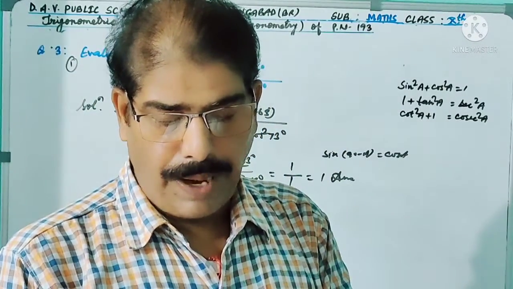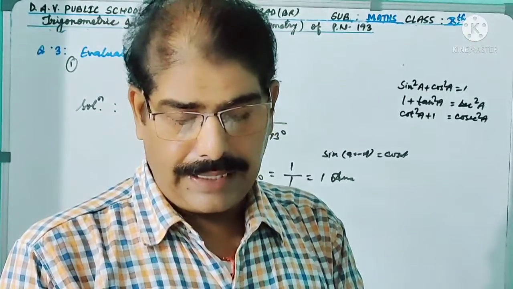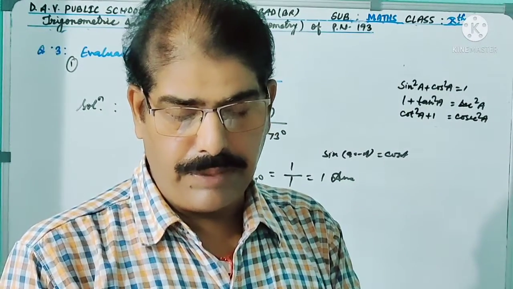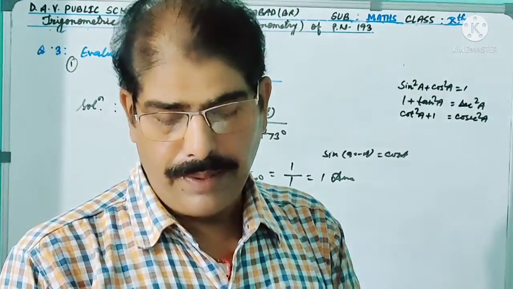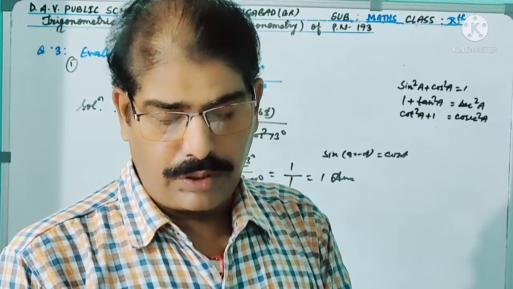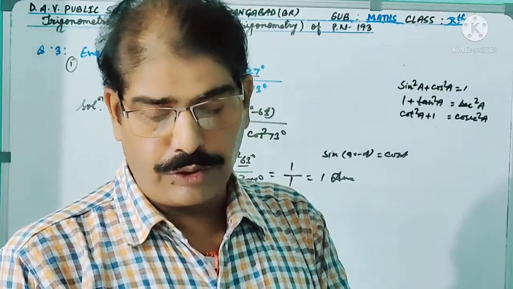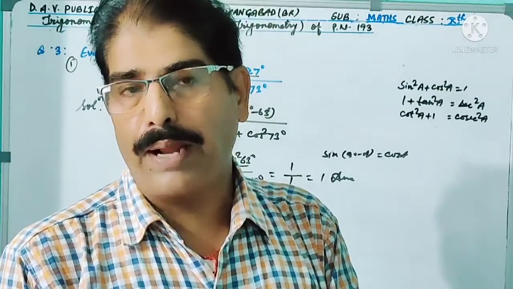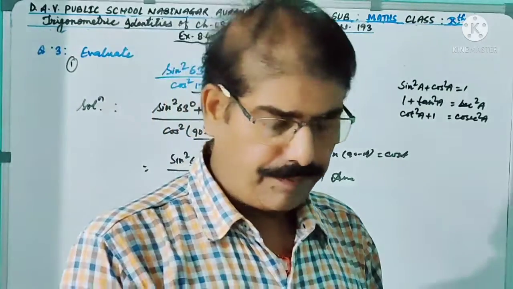So sin 25 equal to sin of 90 minus 65, that means cos 65, and cos 25 equal to sin 65, into sin 65, sin square 65. So cos square 65 plus sin square 65 equal to 1.